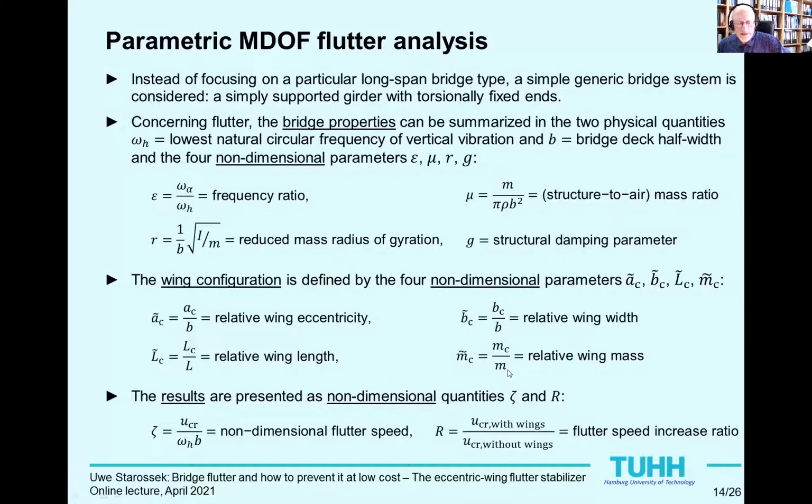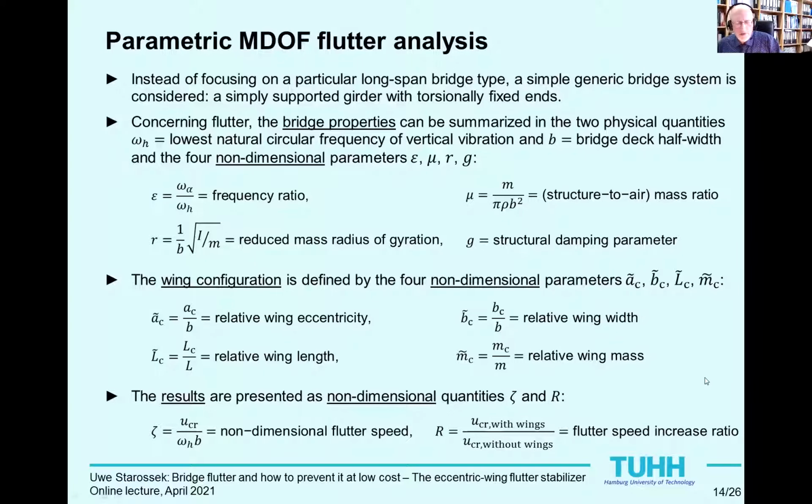Also, the results are presented as non-dimensional quantities, namely the non-dimensional flutter speed, zeta, defined as a ratio of the flutter speed to the dimensional parameters of the bridge, omega_h and b, and the flutter speed increase ratio r, that is, the flutter speed of a bridge with wings divided by the flutter speed of the same bridge without wings.